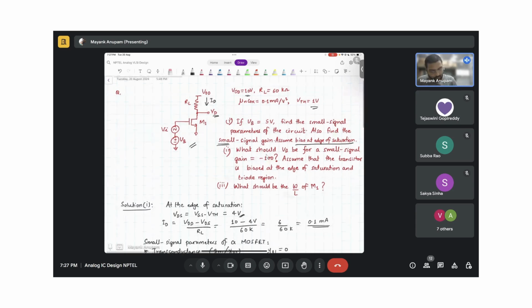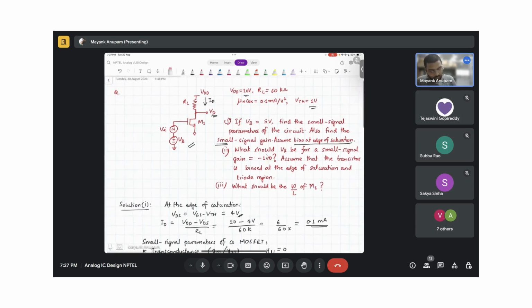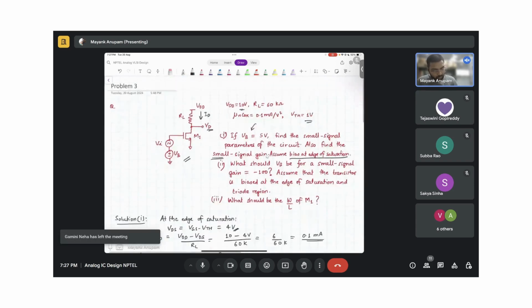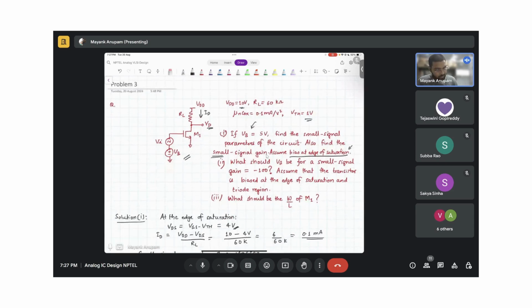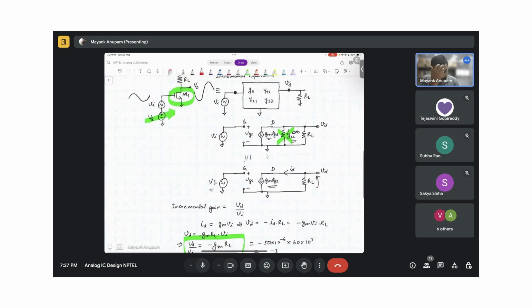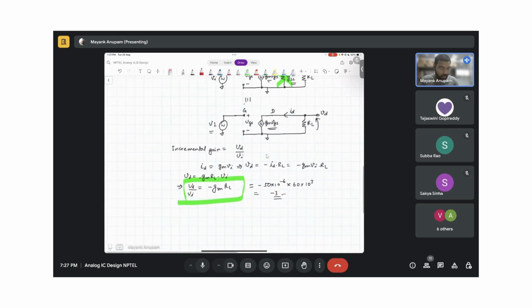Now here we have assumed Vb is equal to 5 volt, and we also assume that it is at the edge of saturation. So we found out that the gain was equal to -3. Let's say we are not happy with this gain.